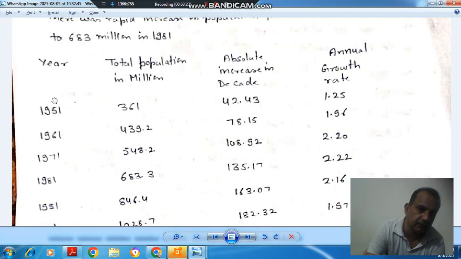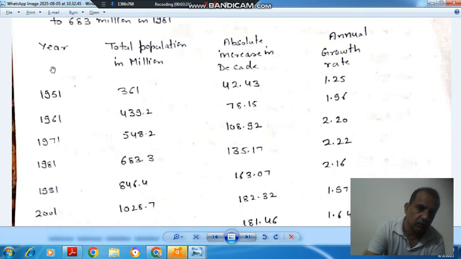So this is the table given. In 1951 the population of India was 361 million, and the absolute increase in the last decade was 42.43 million and the annual growth rate was 1.25.